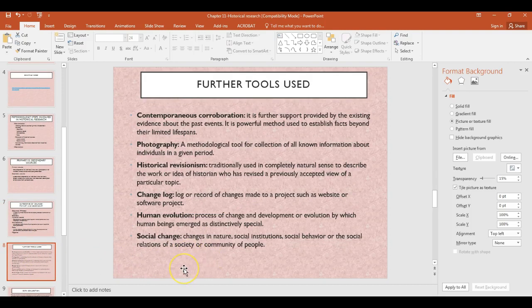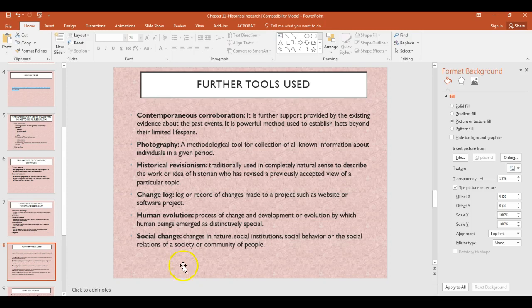And some further tools that a researcher in historical research can use are contemporaneous corroboration, a person who lived in that period of time, to check for solid information; photography that was, again, stamped and well certified; logs of stories and signatures of people; memoirs.